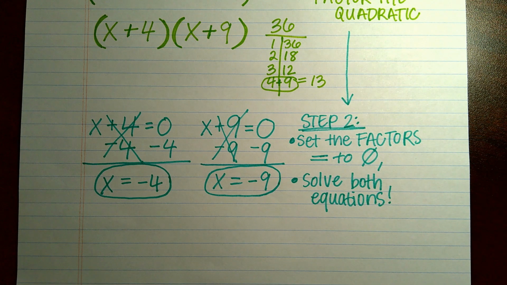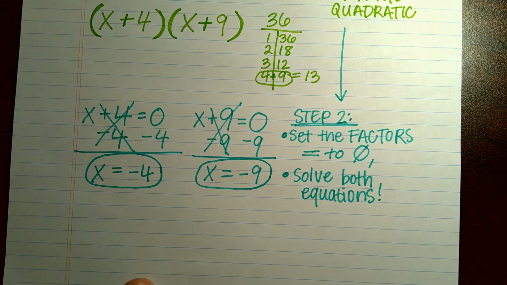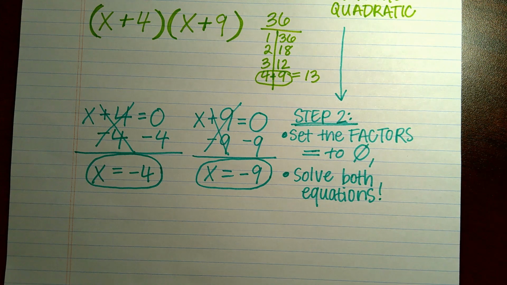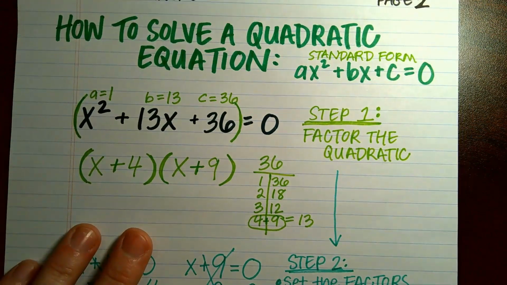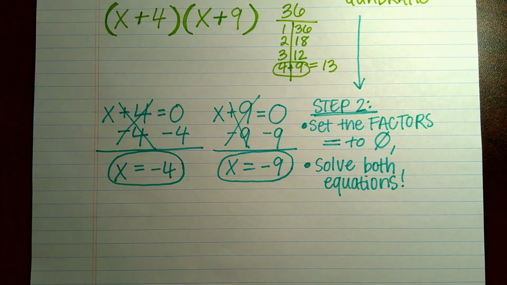Okay. Let's do another example together. I'm going to get a separate sheet of paper as well. I'll use this. Anybody still need this guide? Can I move it? Okay, I'm going to move it.